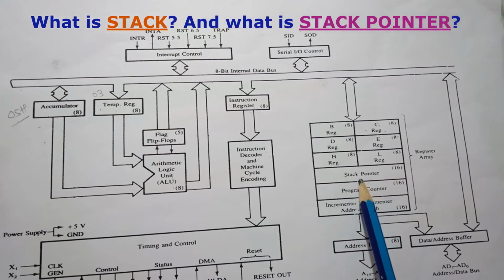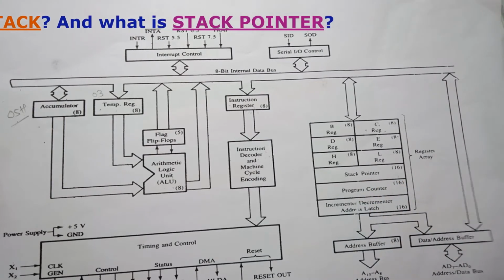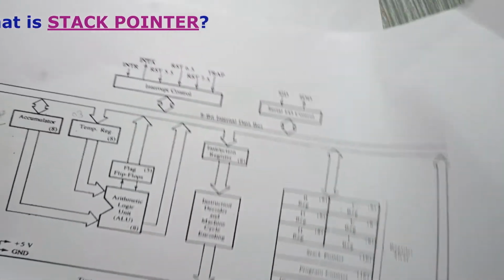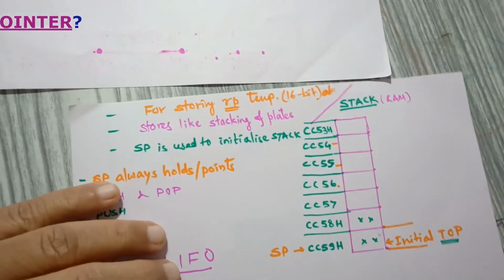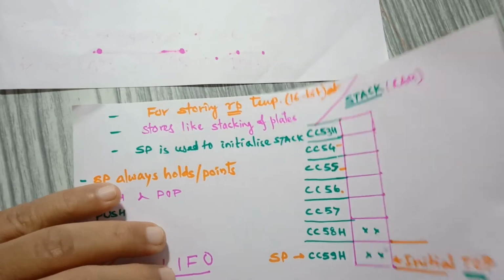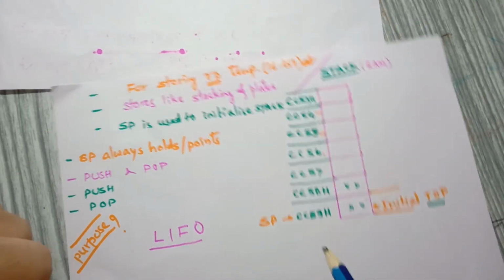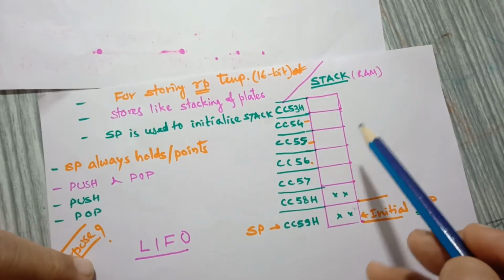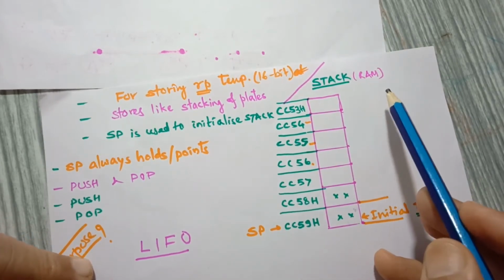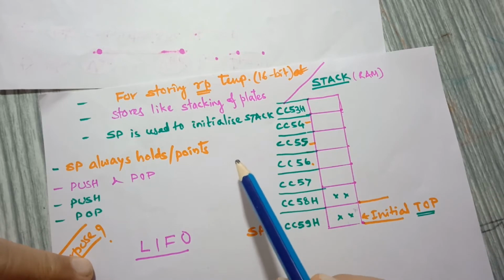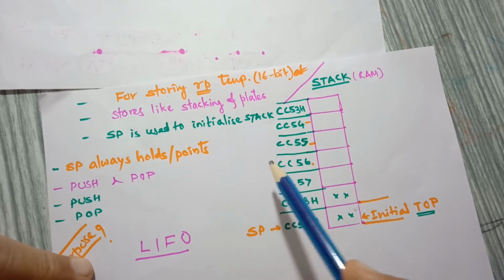Now before going to the stack pointer, let us consider what the stack is. Stack is actually a reserved portion of memory, RAM, where contents of CPU register pairs can be stored temporarily.